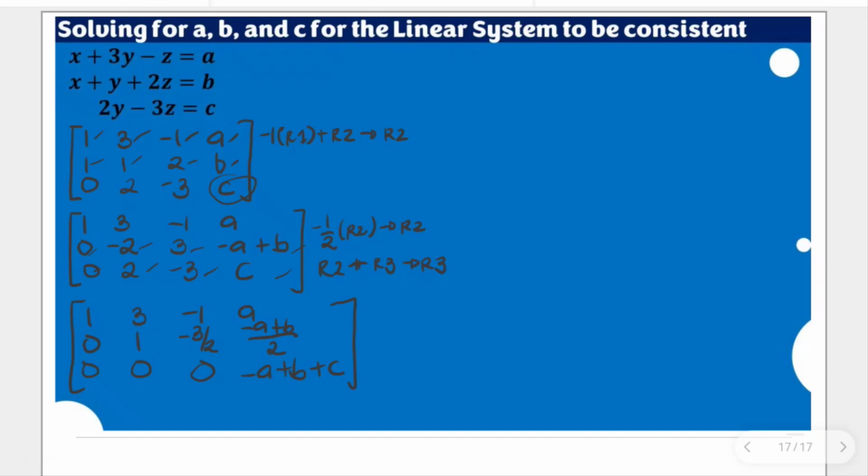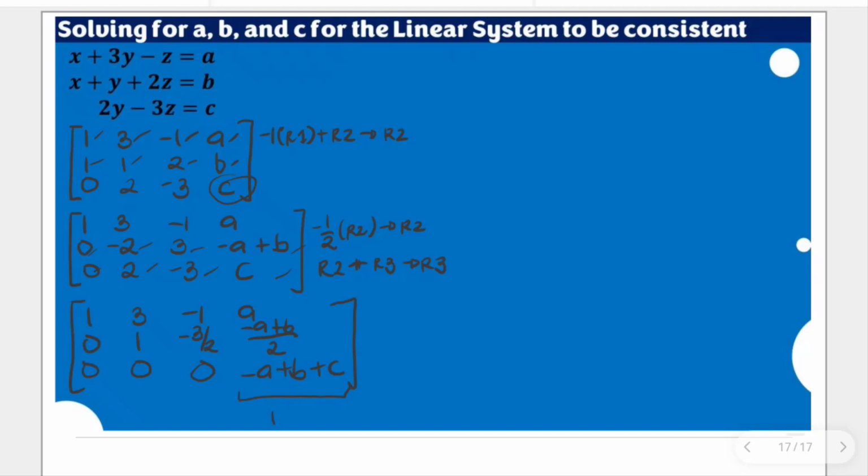So when can we say that this linear system is consistent based on this final form of the row echelon form? We could say it's consistent again if there's exactly one solution, or there could be more than one solution. This entire value here could not be a value greater than 0. Why? Because say for example, if this is 1, 0, 0, 0, 1, this would make the entire linear system with no solution.